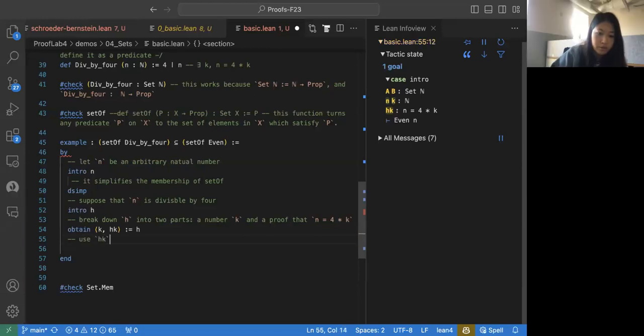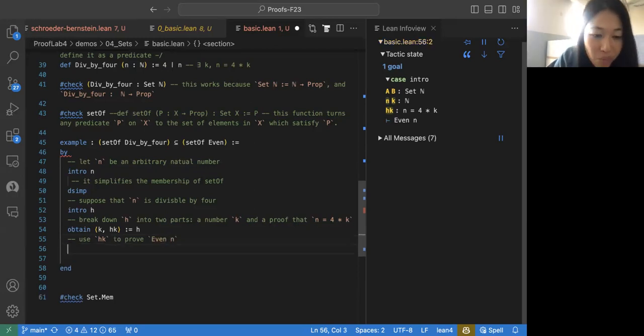Take out a factor of 2 from hk, like rewrite it, I guess. Okay, yeah, that sounds like a good idea to me.